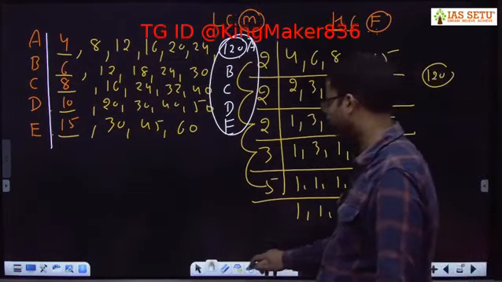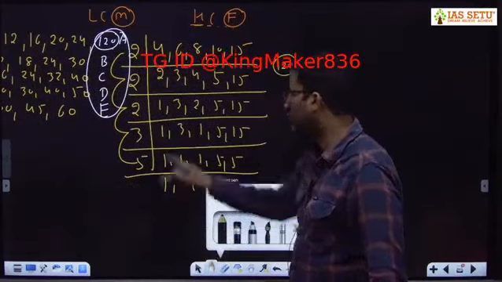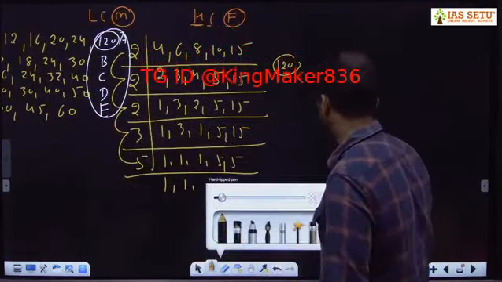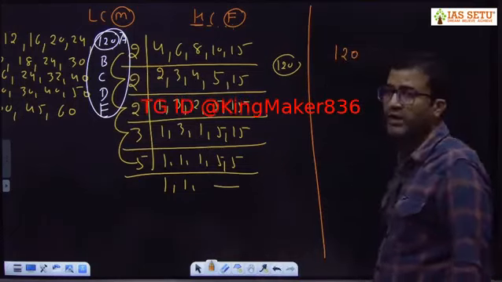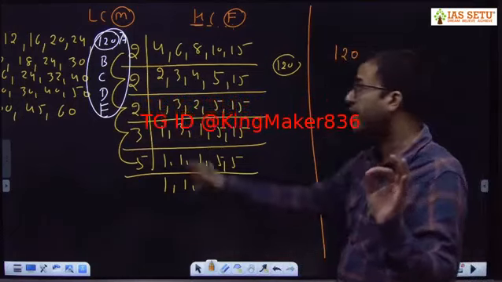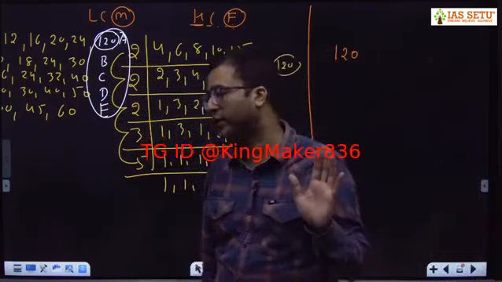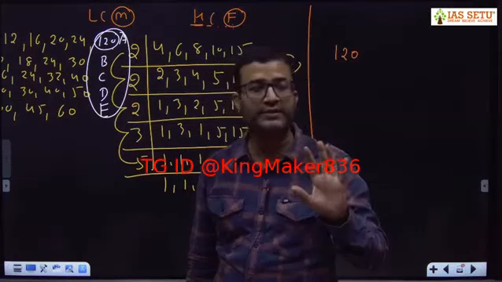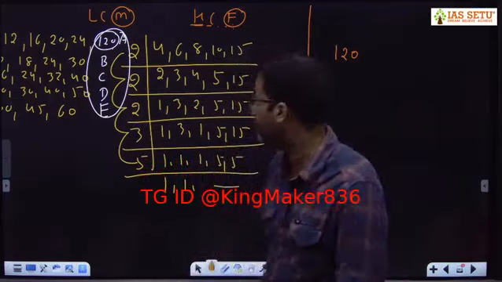Next, step number 2. You have to convert 120 seconds into minutes. So every 120 seconds all 5 bells, is it clear? At every 120 seconds you will find all 5 bells toll together, because 120 is that time where you have a multiple of 4, 6, 8, 10, 15.